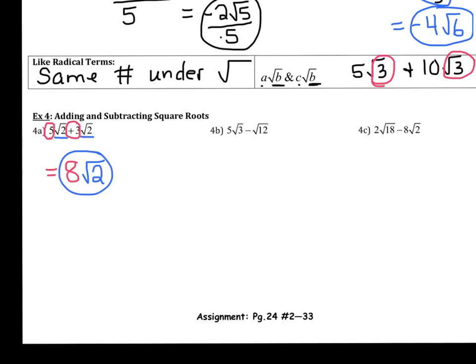Let's look at 4b. We have the square root of 3 and the square root of 12. So those are not like radicals. So we need to do something so that they are both the same. Well, we can't really do anything to the square root of 3 because it's already as simple as it gets.